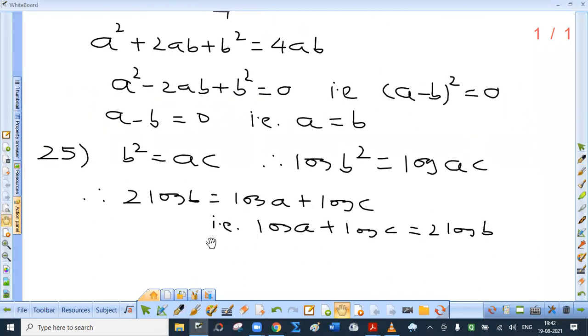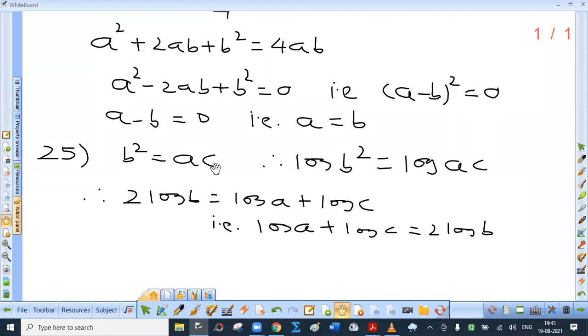Now a good student should write here. In fact, from this it is clear that B square is AC means ABC are in GP. Please listen to me. Can I make a statement that if the numbers are in GP, their logarithms are in AP? Yes.